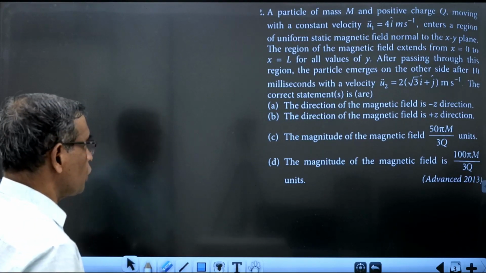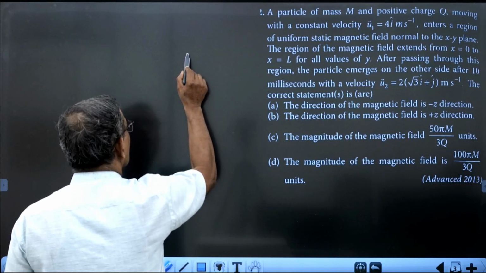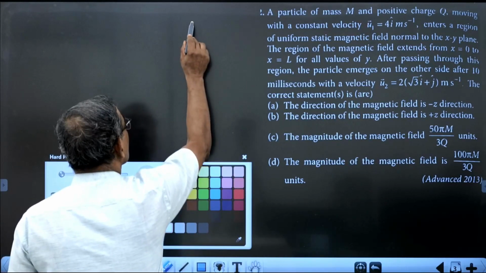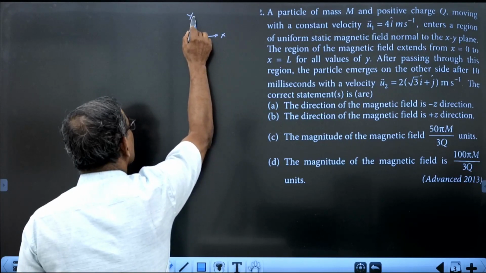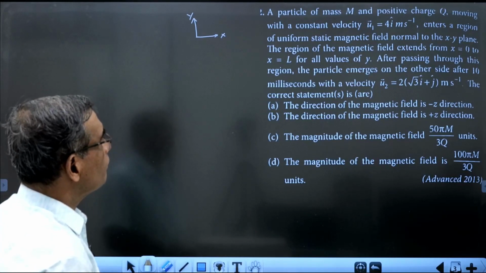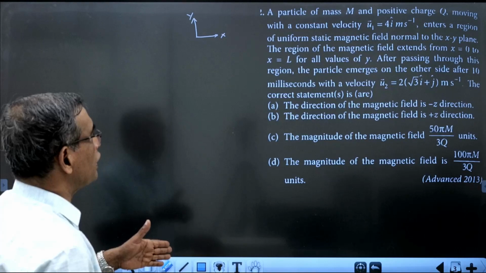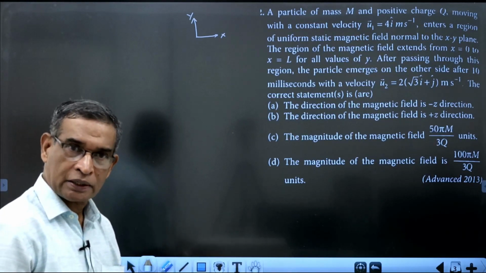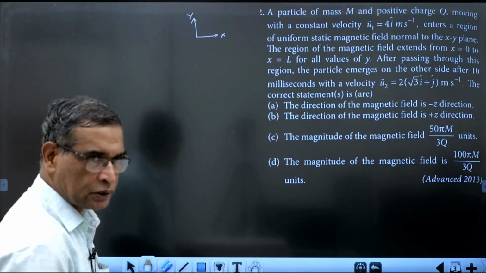Now the plane of the board is our XY plane. This is X and this is Y, and this is our XY plane. And the magnetic field is normal. Normal means it can be either in the positive z direction or the negative z direction. This is the positive z direction, outward. Inward is the negative z direction.